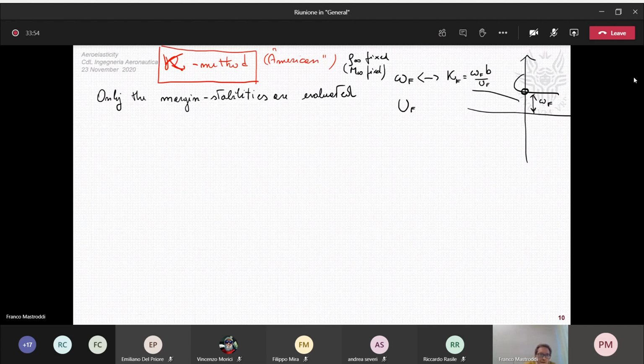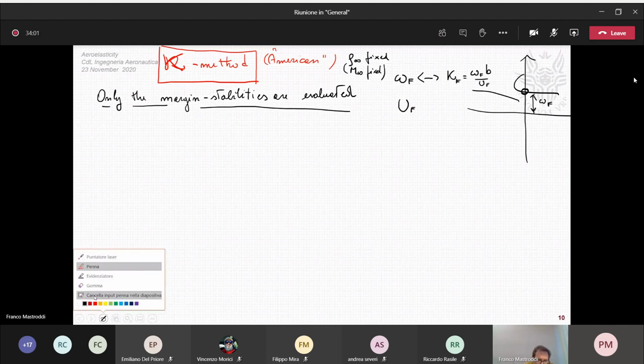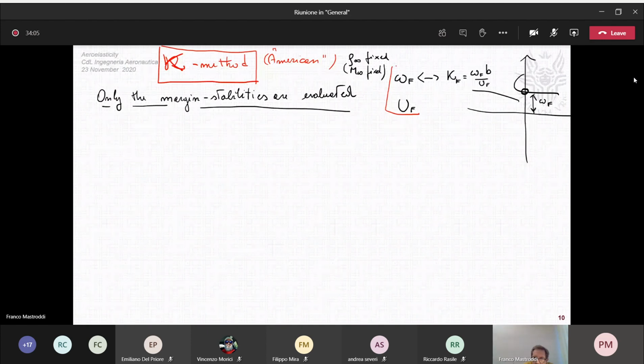So, how may these two quantities be evaluated in an iterative process? Okay, the starting point is always the flutter equation. So we have initially something like this. Now I only want to include a damping matrix, a structural matrix.